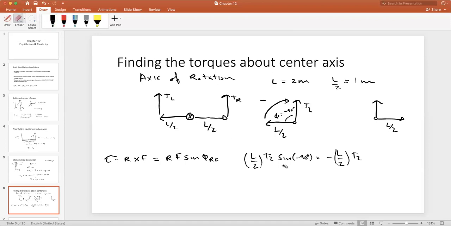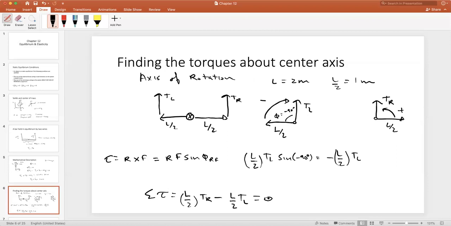Sorry, that's not T2, that's T left. For the right side, we see that when we rotate our R vector, our L over 2 vector, counterclockwise, we get a positive torque. And therefore, the sum of our two torques is L over 2 times T right minus L over 2 times T left.